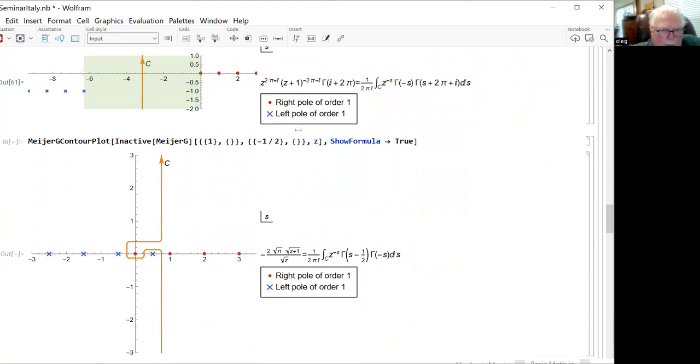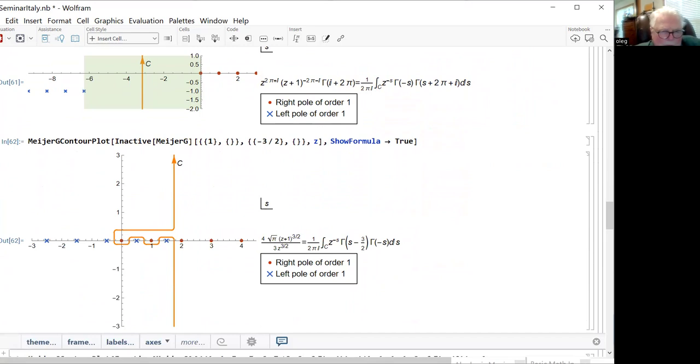This is a more complicated contour. I will write here, for example, 3. And again, you see the contour started from this point and goes to the top, and all left poles should be on the left side, red poles should be on the right side.